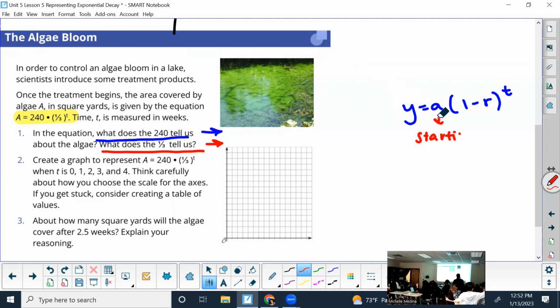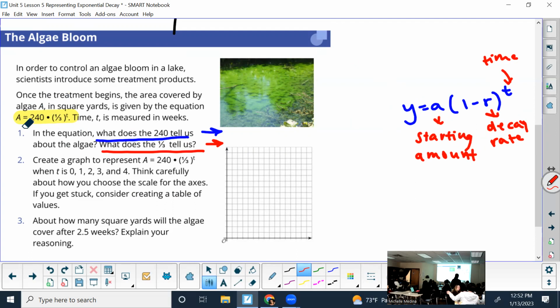Starting amount, that's in the normal formula. What does the R represent? Good, decay rate, and what does the T represent? Time.